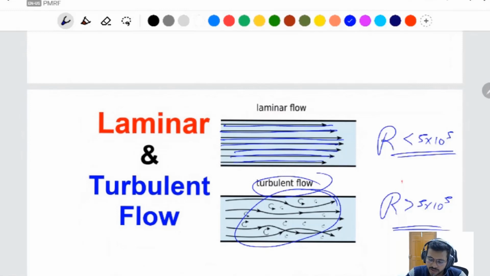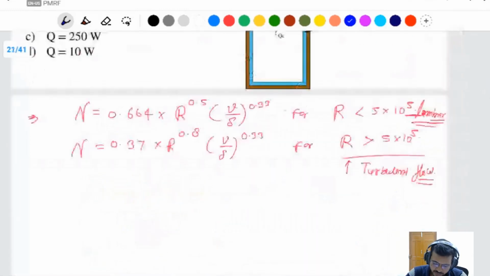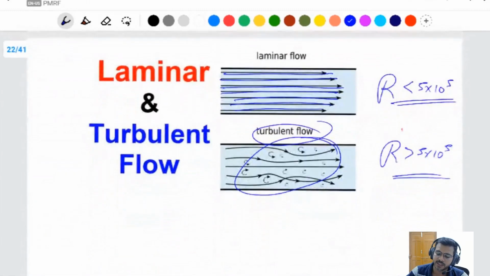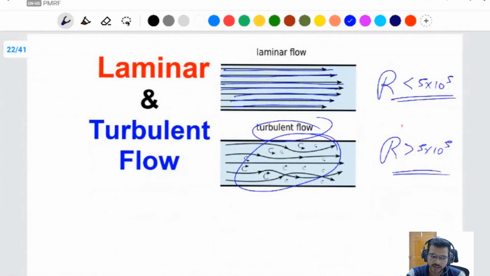This is for the flat plate surface; it will differ for different surfaces like cylindrical, tilted surface, and many other things have different types of Reynolds number.